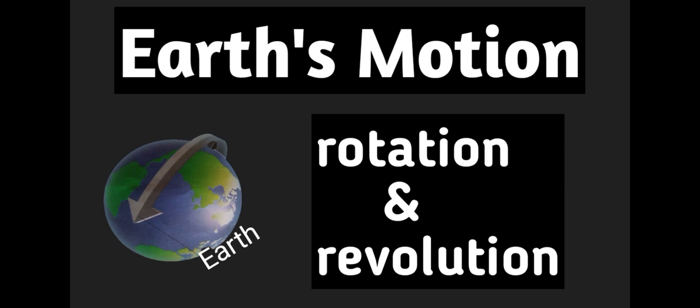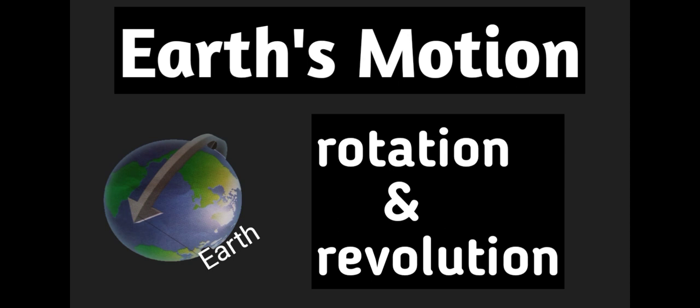When the earth is on the other side, the South Pole is tilted towards the sun. The southern hemisphere has summer, while the northern hemisphere has winter.